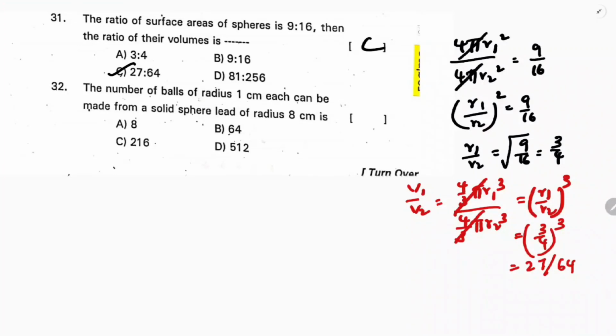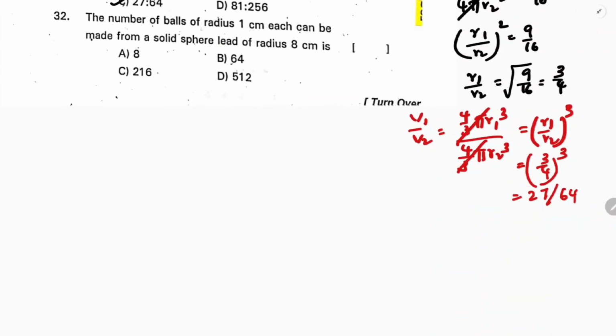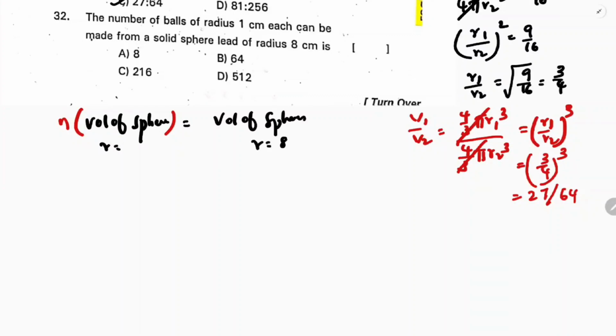The number of balls of radius 1 centimeter each that can be made from a solid sphere of lead of radius 8 centimeters. So volume of the big sphere equals the number of small balls times the volume of a small sphere. Here the radius is 8, here the radius is 1.